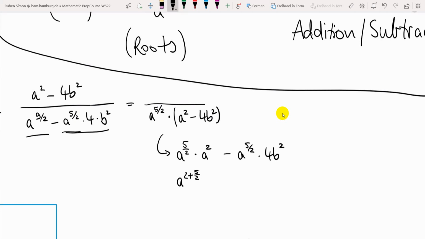And 2 is 4 halves plus 5 halves is 9 halves. So this looks very, very good. And this is still what we were hoping for. Yes, that was very good. So we can pull out a factor of a to the power of 5 halves out of these two summands in the denominator. Okay, can everybody see this?